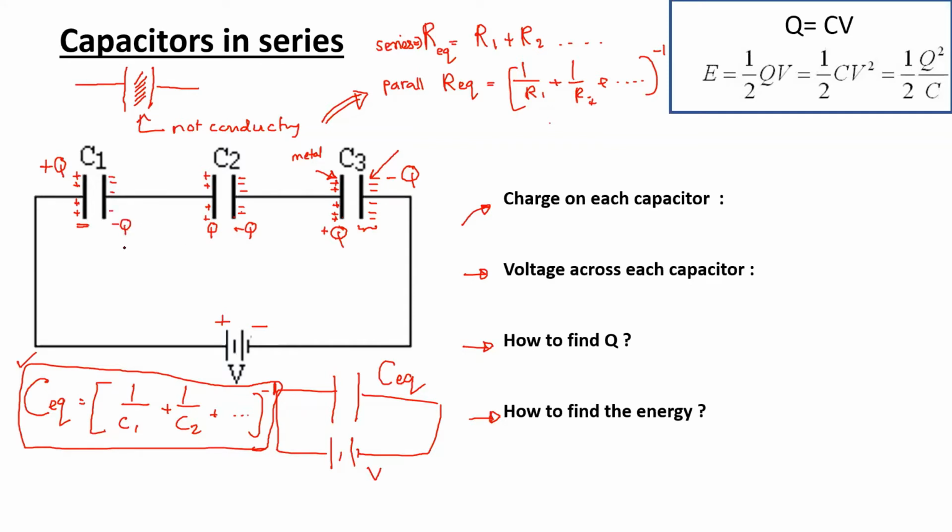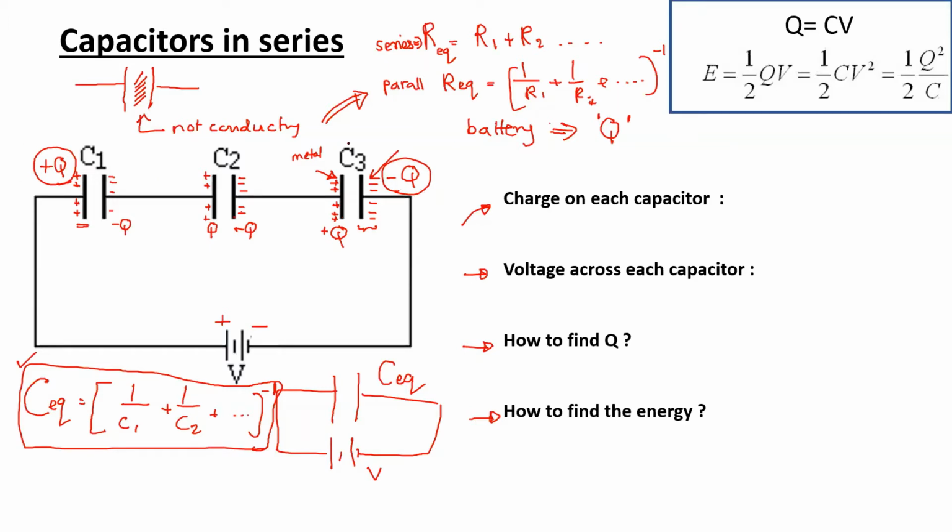The battery only gave charges to this side and this side, right? It only provided charge enough to charge one capacitor.